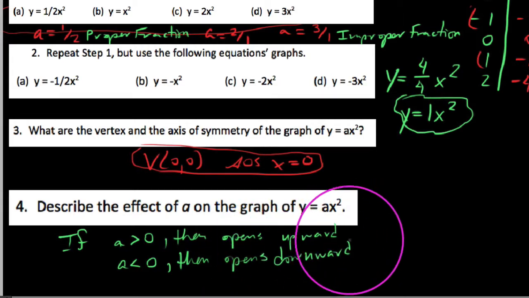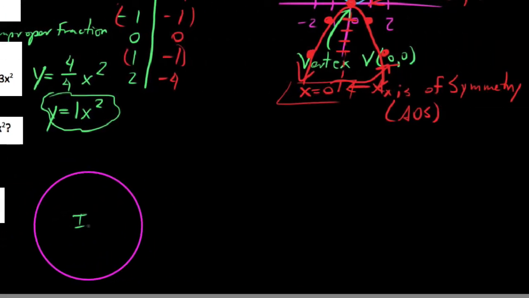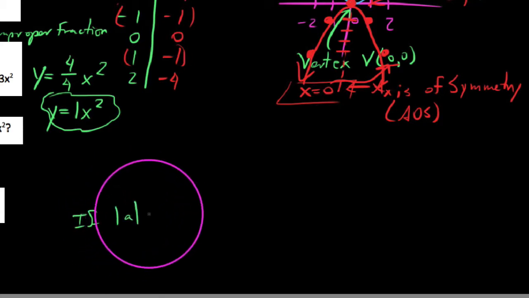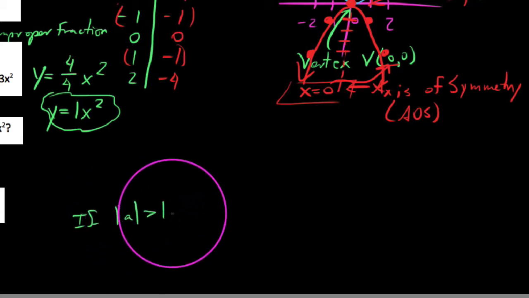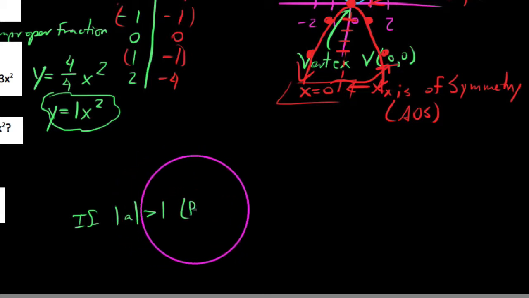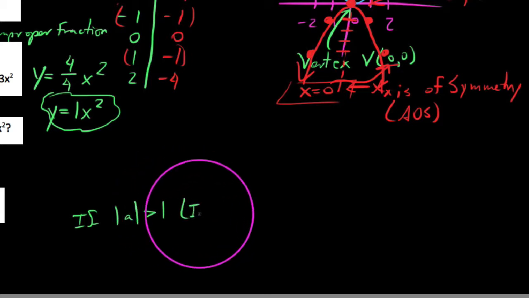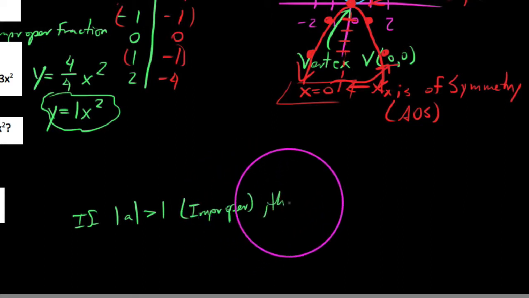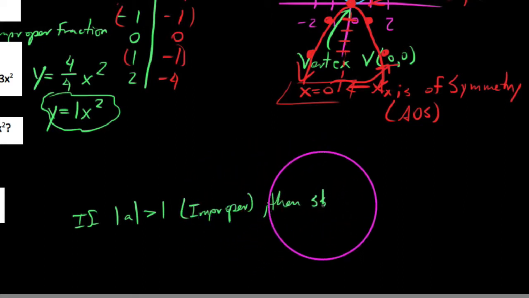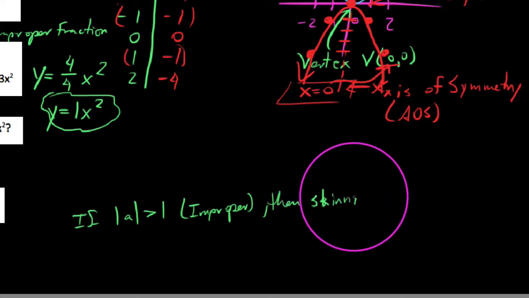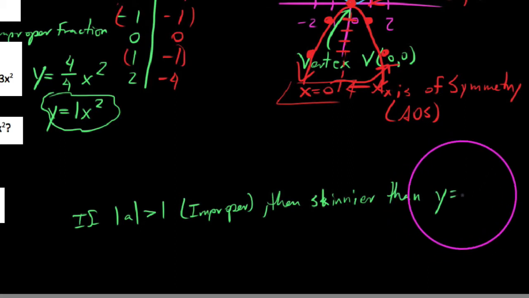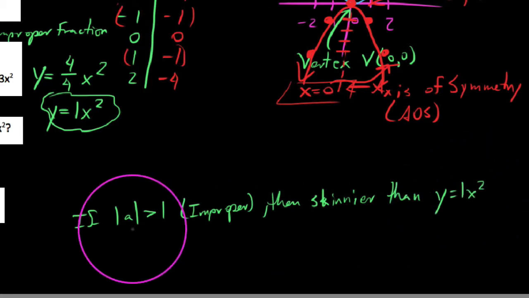Furthermore, if the absolute value of a, which means I don't care if it's positive or negative, is greater than 1, another way of saying this is if it's an improper fraction, then it's skinnier than the graph of, and we're always comparing it to the graph of 1x squared. It's skinnier than this graph.